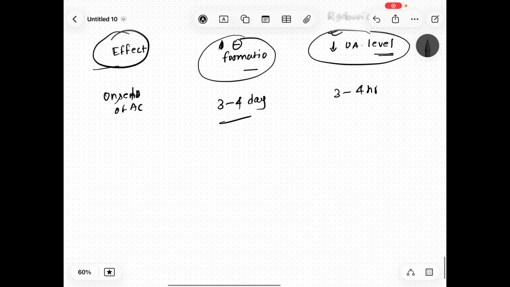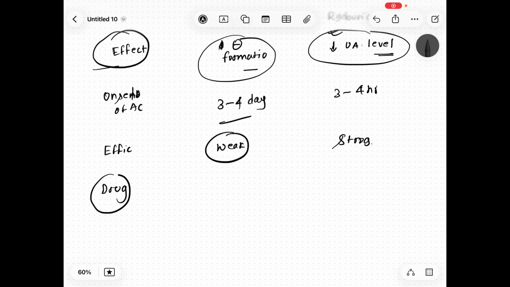So relative efficacy. Efficacy in allopurinol is weak, but efficacy is strong in case of rasburicase. Drug interaction: in allopurinol, there is drug interaction, especially with 6-mercaptopurine or azathioprine.